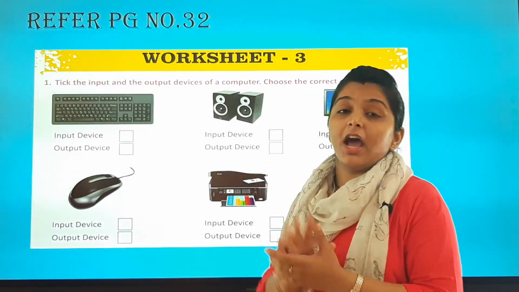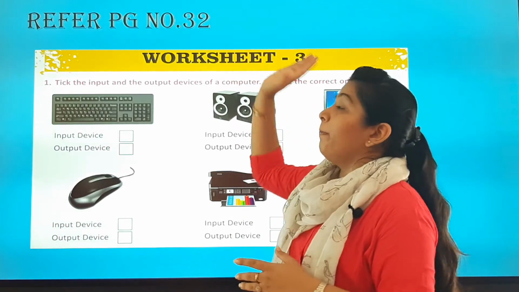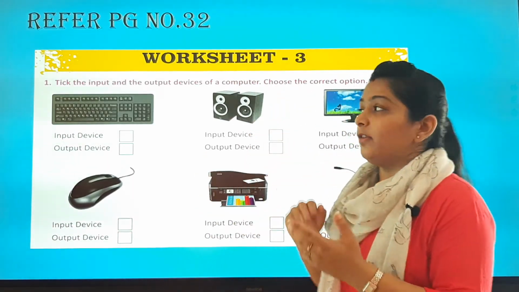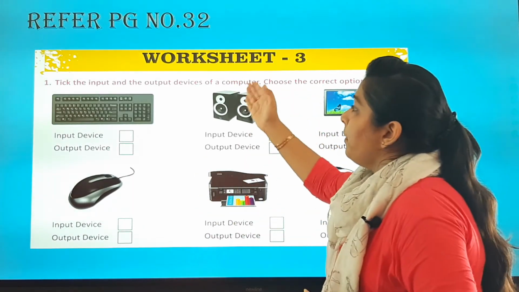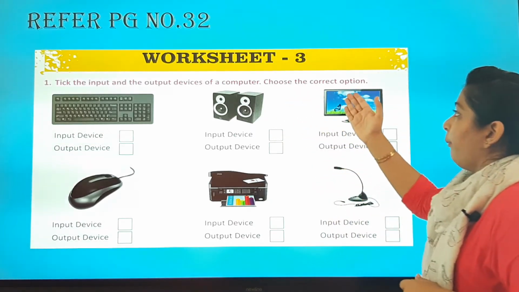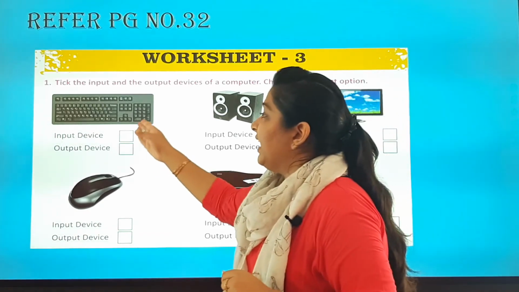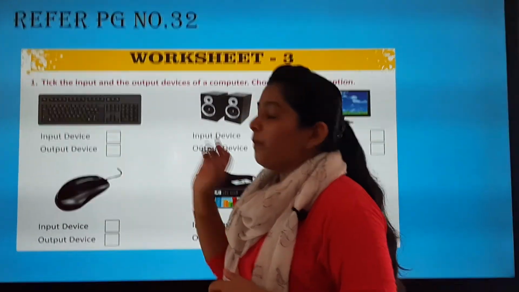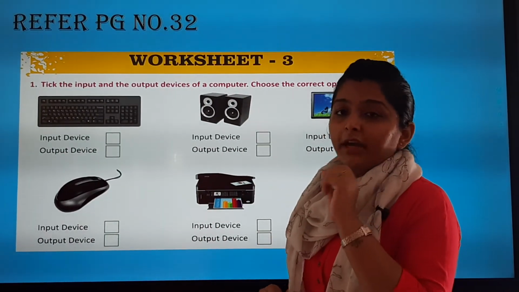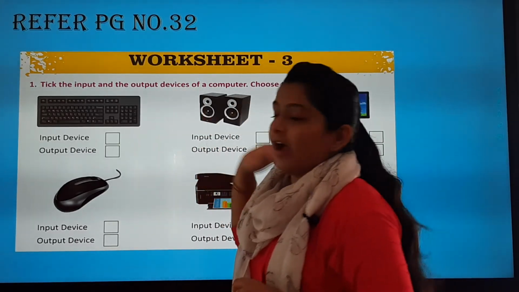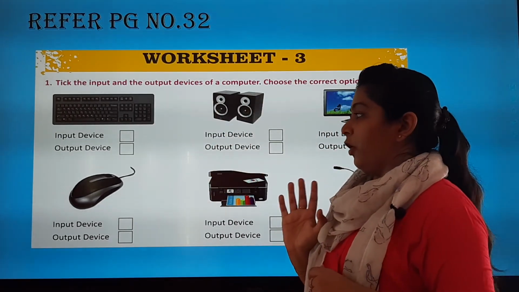Worksheet time. This you have to do on page number 32 along with me. Okay. Take the input and the output devices of a computer. Choose the correct option. Now, first of all, tell me, keyboard, input or output device? You just have to tick it. Yes, input device. You will just tick it in your textbook.